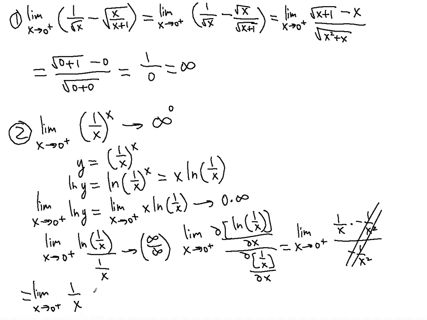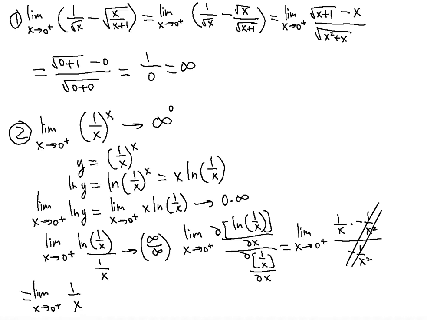It will give you, well, let's see. Oh, sorry, not 1 over infinity, 1 over 0, right? 1 over 0 will give you infinity. Actually, did I make a mistake here? Just see something. Negative 1 over x squared.